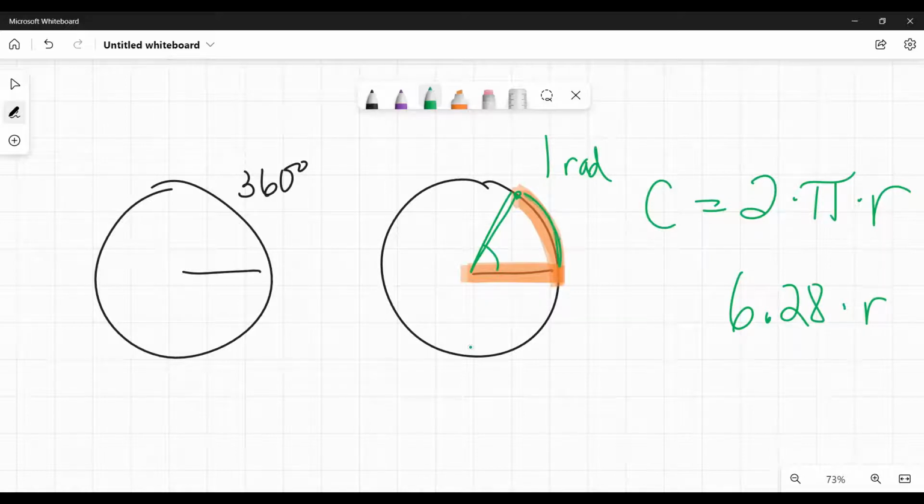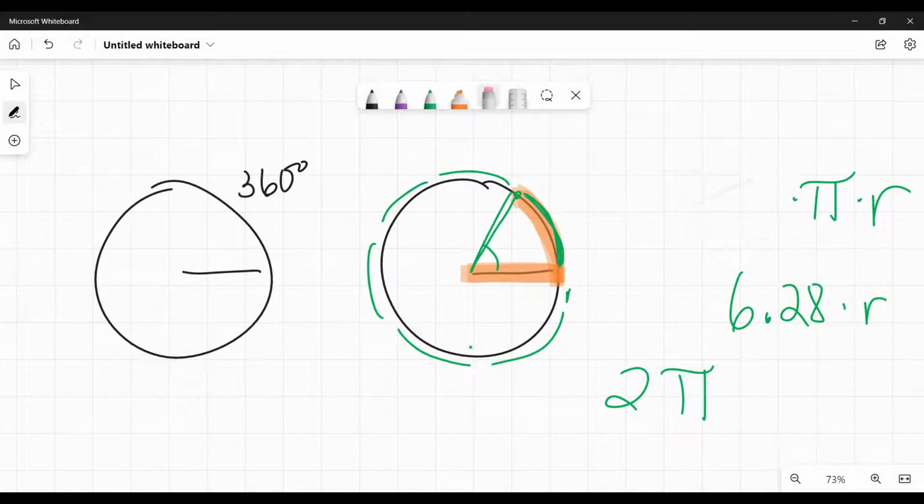So if I took this 1 radius measurement and put it 6.28 times around the circle, I'd have the circumference. So there are 2 pi, or 6.28 radians in a circle.